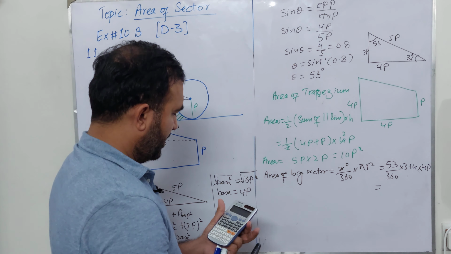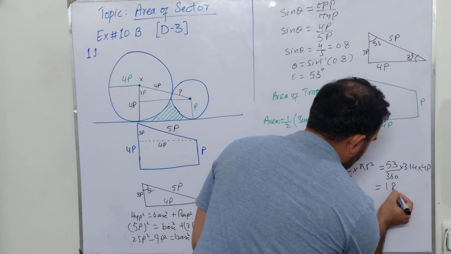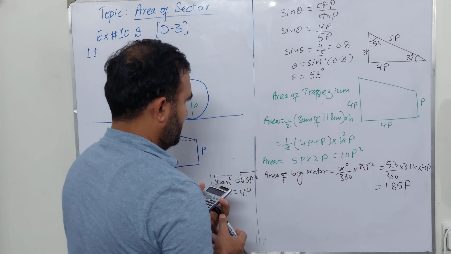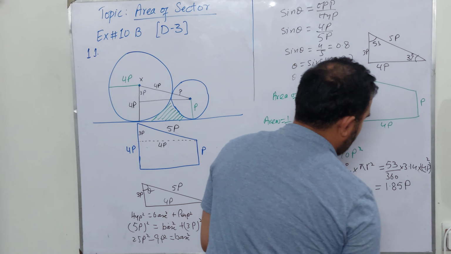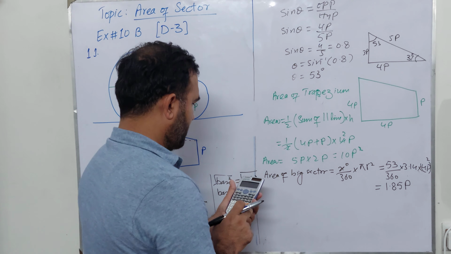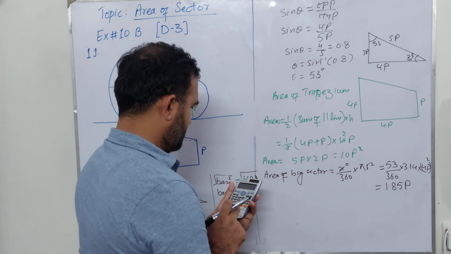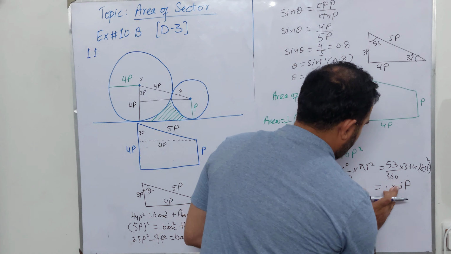So it's 1.85p, right? Sorry, this is square. Okay, so again multiply by 4, which gives 7.4 p square.